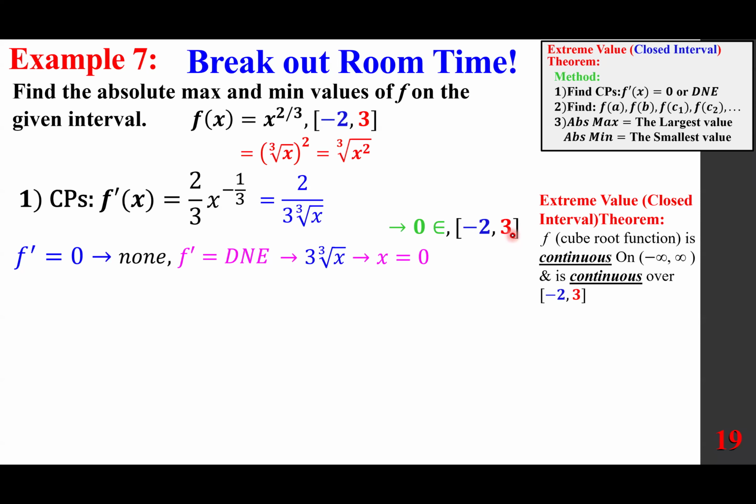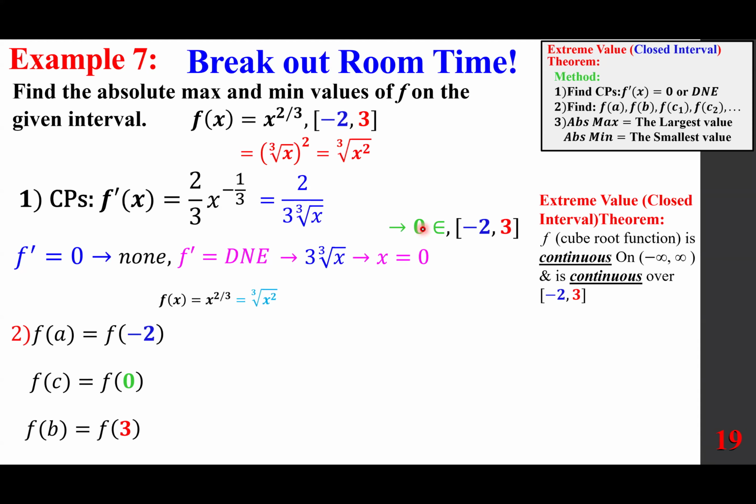We are going to go back to the original function, evaluated at these two endpoints as well as this critical point. So what happens? Let's plug in -2 into the function x to the power of 2/3 or cube root of x squared. So I hope you see that this is cube root of 4, which is an exact answer, roughly 1.5874.